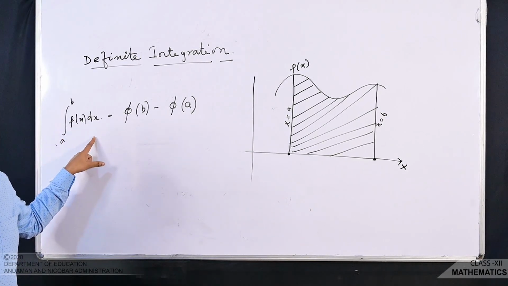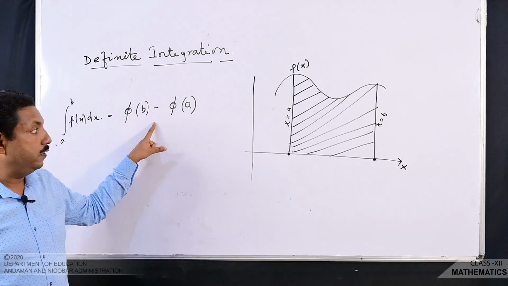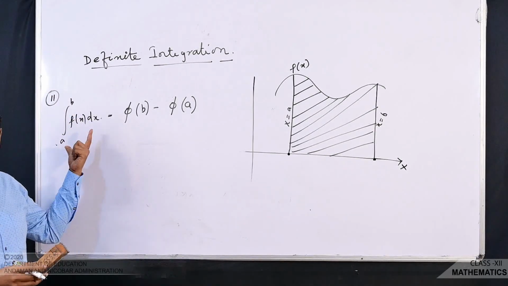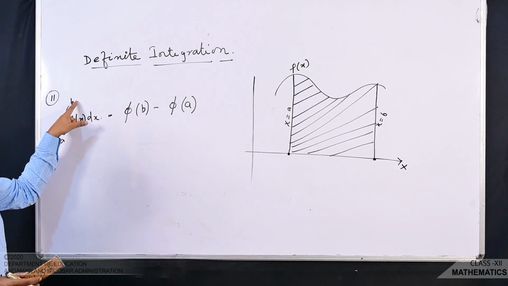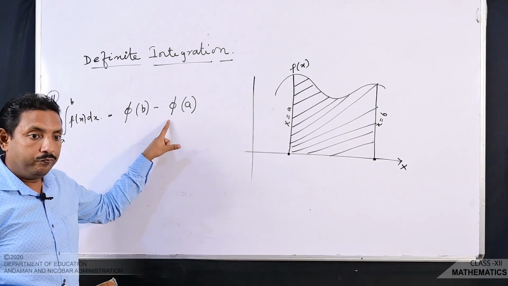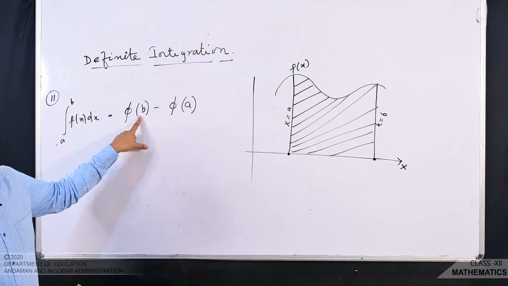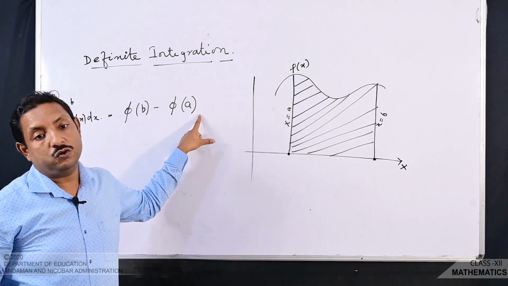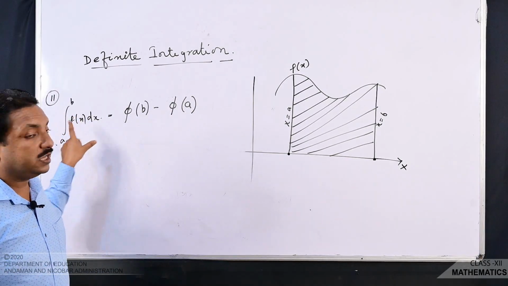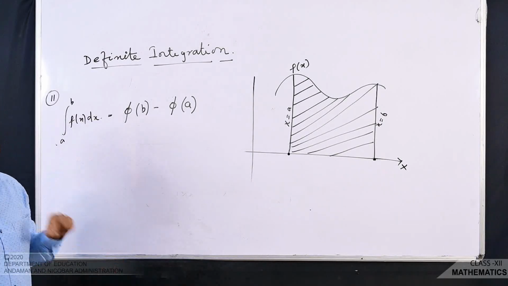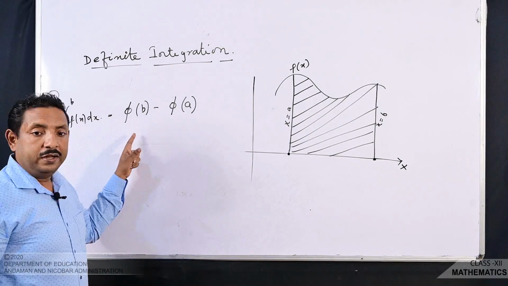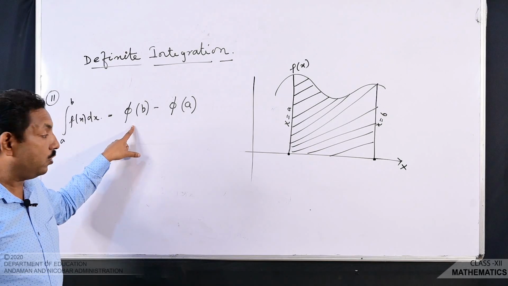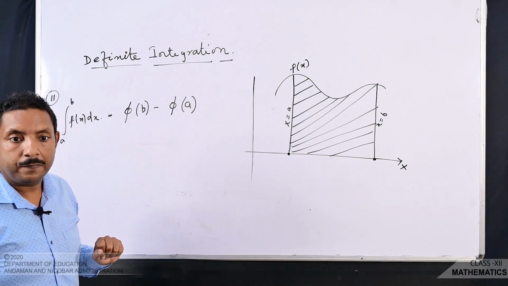So, the integration of f of x over a to b is given by phi of b minus phi of a, that is the antiderivative at the upper limit minus the antiderivative at the lower limit. This is the second fundamental theorem and we use it in this lesson itself.